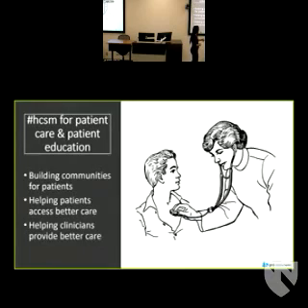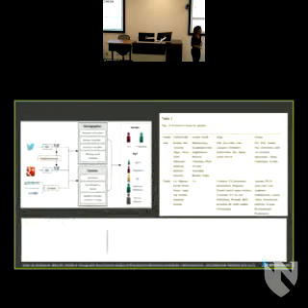And then helping clinicians to provide better care. If there's opportunities to have more face-to-face interaction or more dynamic interactions with patients using social media, then the care that we can provide ultimately will also be better.